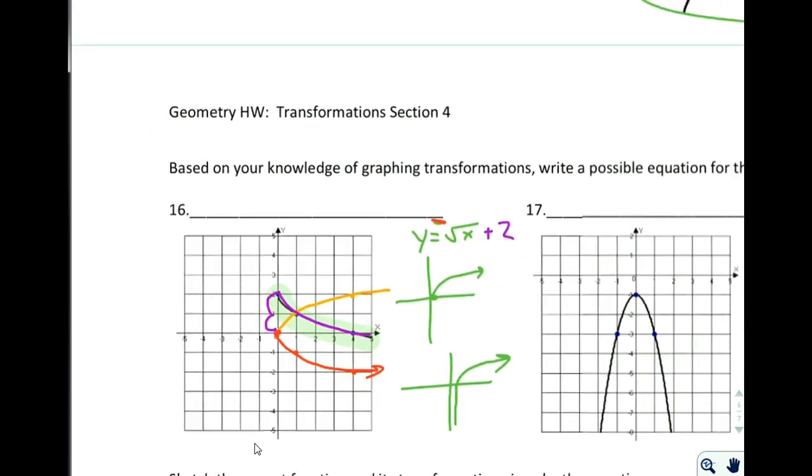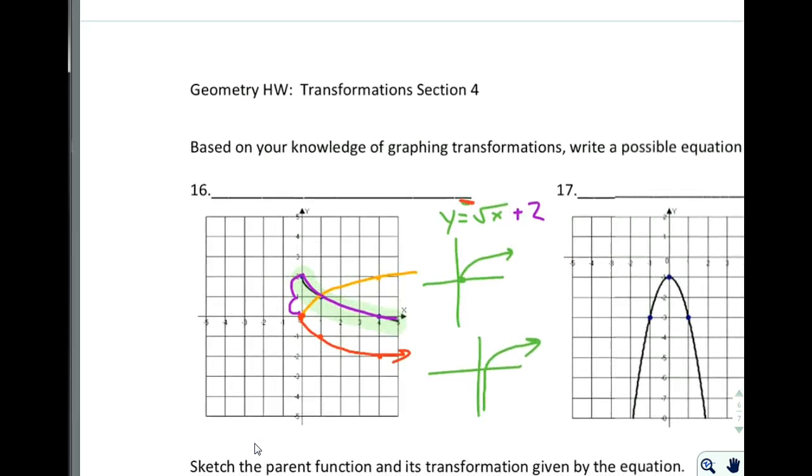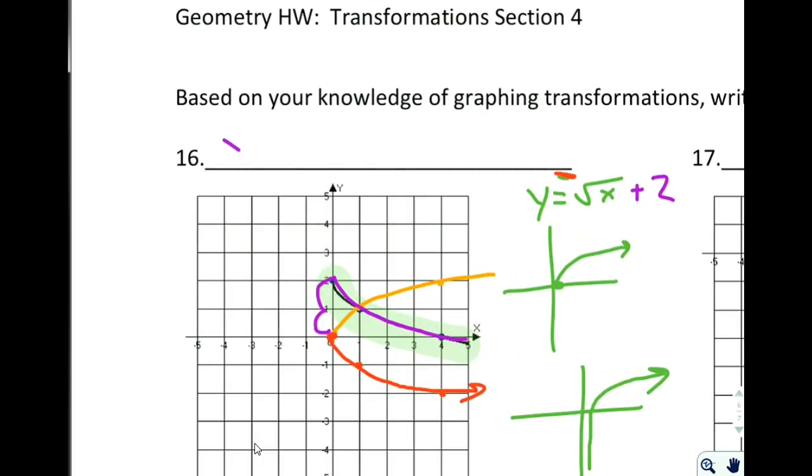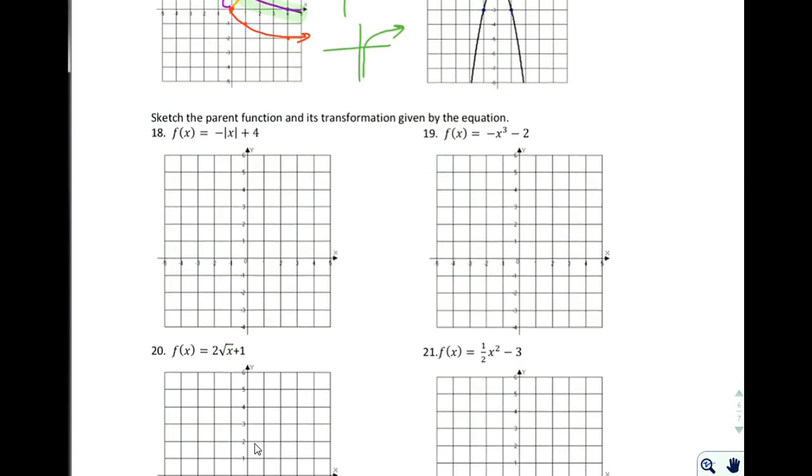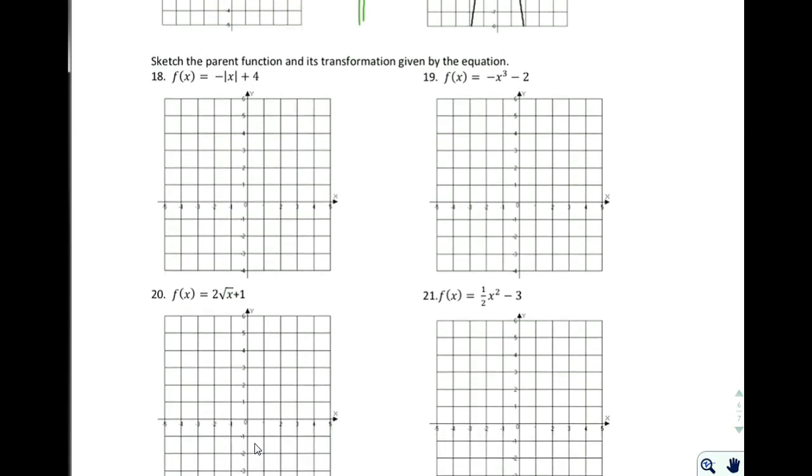So based on my knowledge of graphing transformations, a possible equation for this would be y equals negative, out front, square root of x, and then outside of the square root symbol a plus 2 to bring it up 2 units. If I extended my square root symbol like that, that would actually move it to the left 2 units instead of up 2 units. So make sure you stop your square root symbol. Apply those for the other equations here.